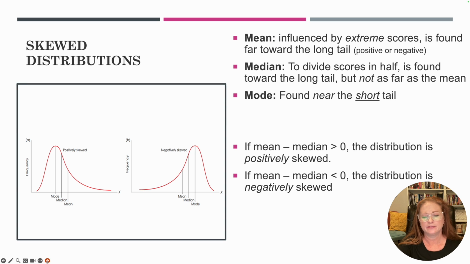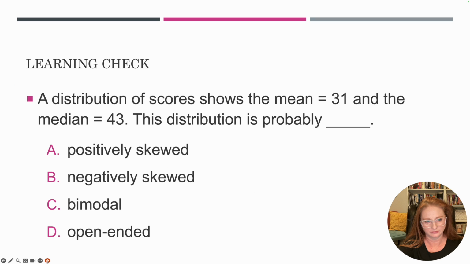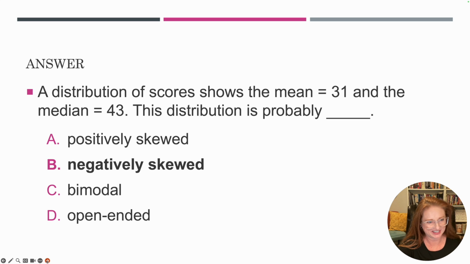Again, if the mean minus median is greater than 0, it's going to be positive. If the mean minus the median is less than 0, it's going to be negative. Mean 31, median 43, negative.